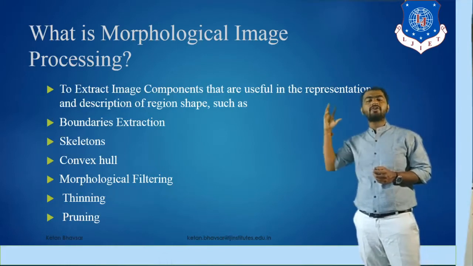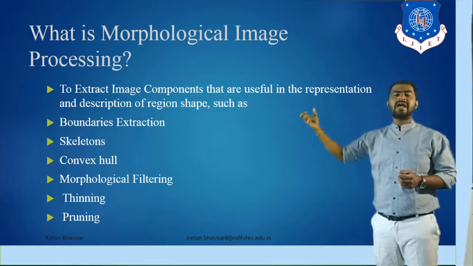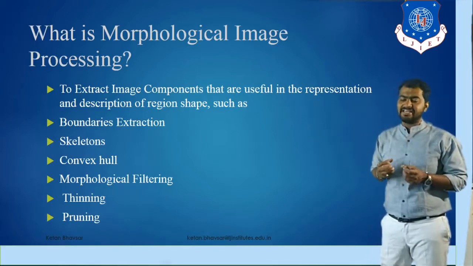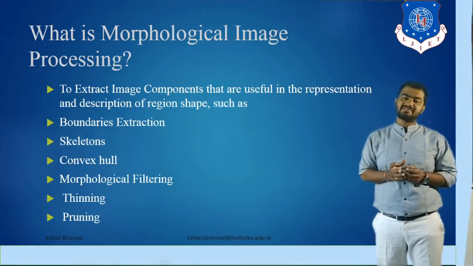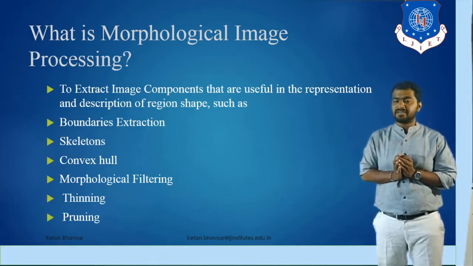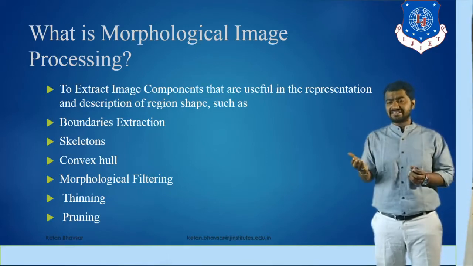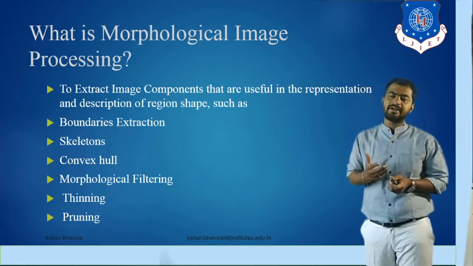The main objective of morphological image processing is to extract the boundary and description of the image, and it plays a main role in extracting meaningful content from images, both before and after segmentation.